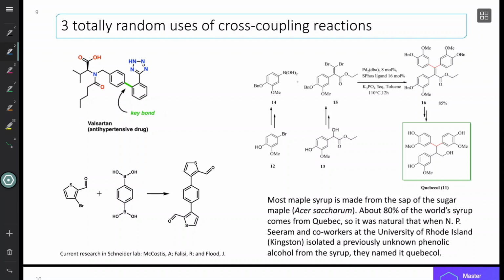There are thousands of examples of palladium cross-coupling reactions. The ligands you use on the palladium will change, the base that you use will change. It's not quite as easy as just mixing them all together, but it allows you to do some amazing things.